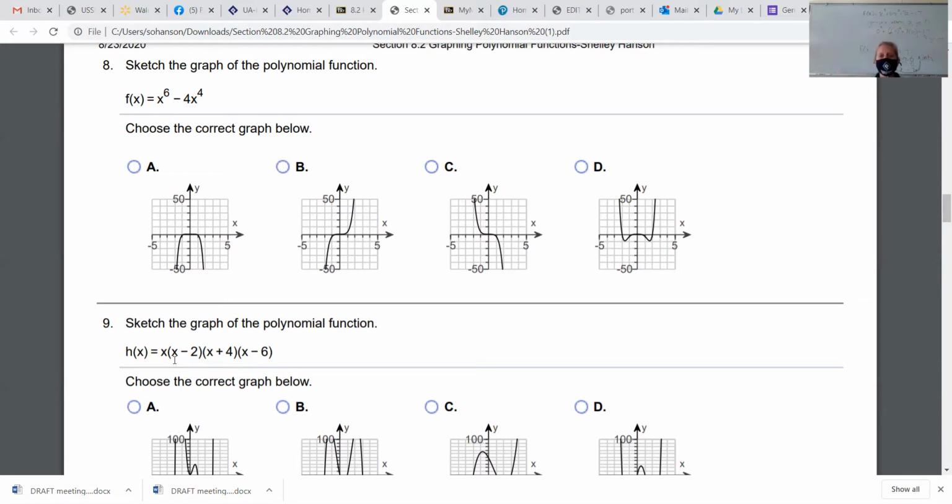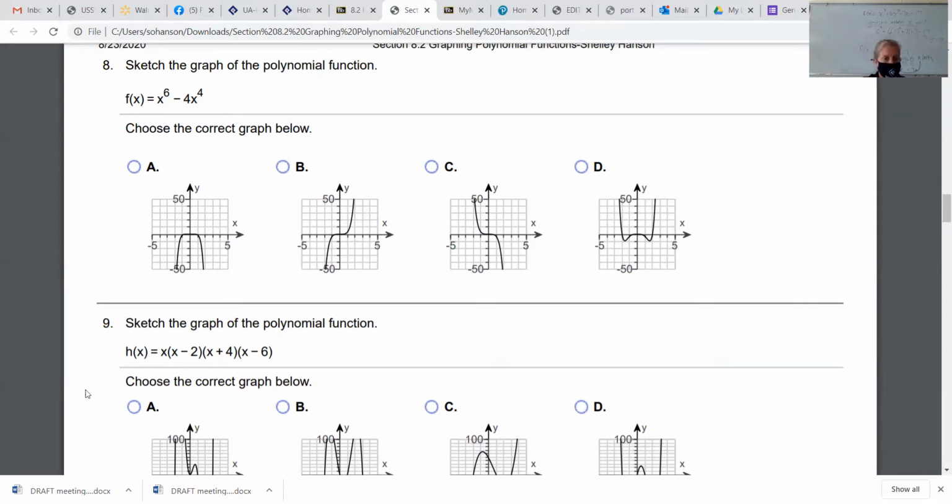So if I'm going to use the leading term to determine my end behavior, I have to act like all those factors are multiplied or FOILed together to see what my highest exponent would be.